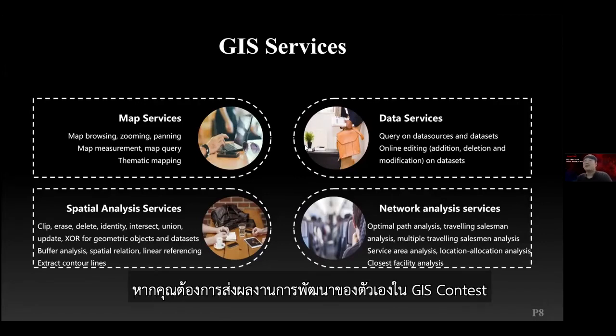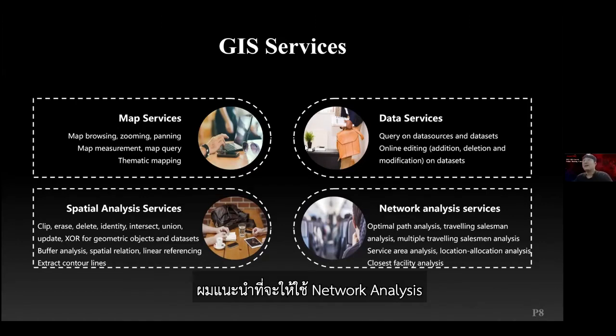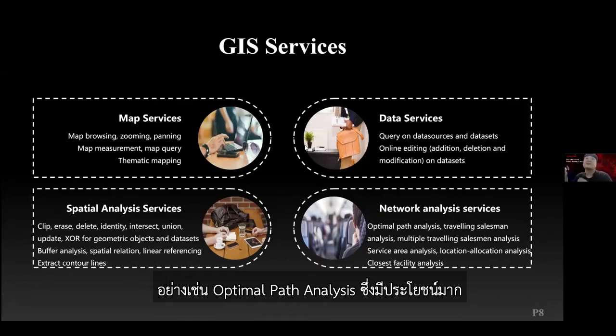And we hope that if you want to submit your own development result to join the SuperMap.js contest, it's very much suggested to use the network analysis to achieve some network analysis, such as the optimal path analysis. It's very useful. It can help us to get the shortest path from the start point to the end point.